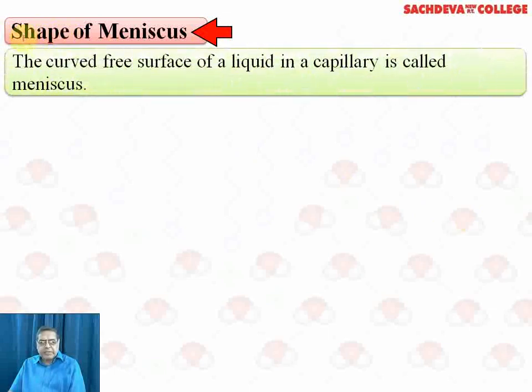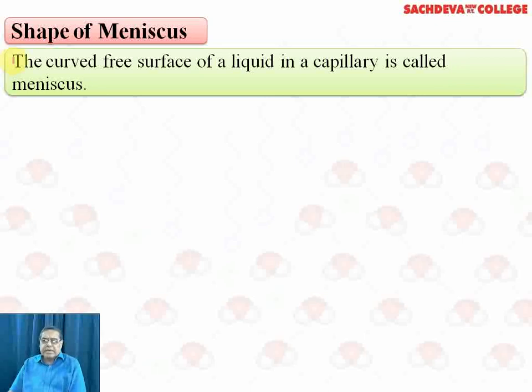Shape of the meniscus. I have just now explained about the shape of the meniscus. If we consider a capillary tube and dip it in a liquid like water or mercury, we find that against the atmospheric pressure, some liquid will rise into the tube, that is, water will rise into the tube or mercury will rise into the tube.